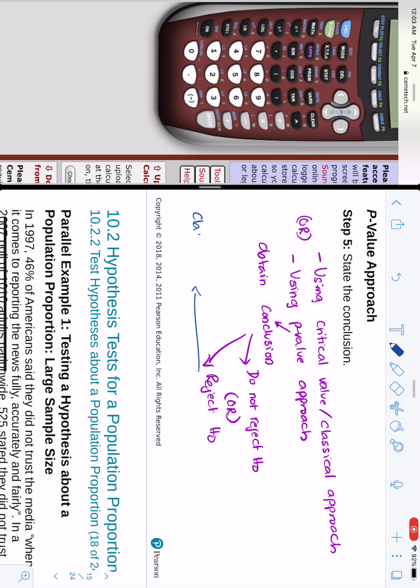So with classical, the test statistic has to fall in the rejection region for us to reject the null. With the p-value approach, to reject, we must have p-value less than alpha.